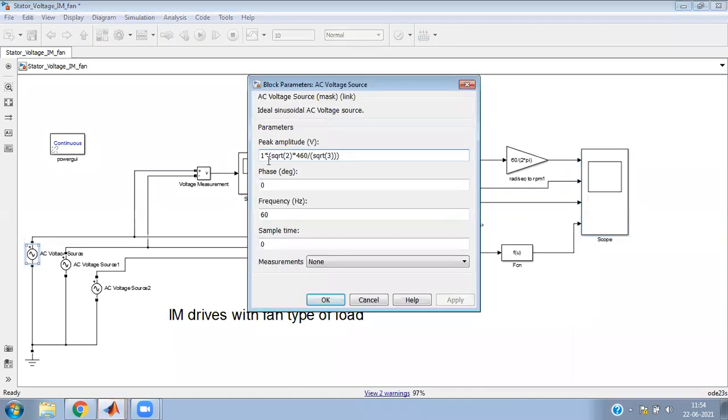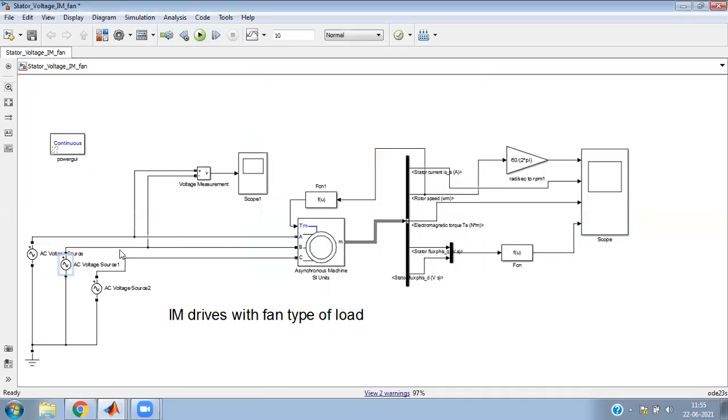Now let's try to reduce the voltage to say 80%. Reducing voltage to 0.8 in all these three voltage blocks.